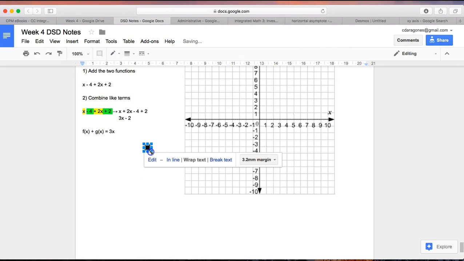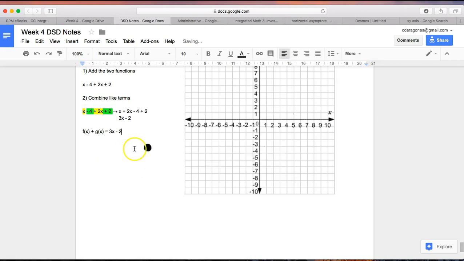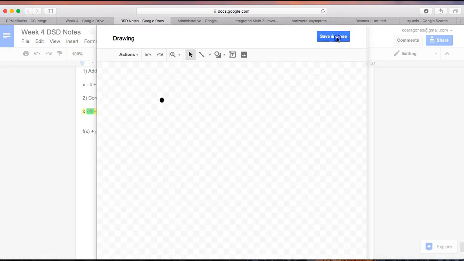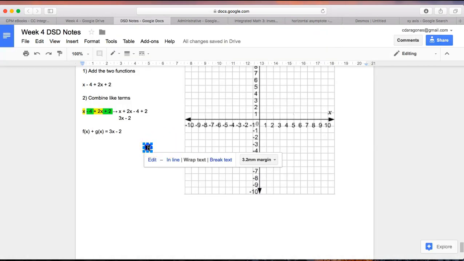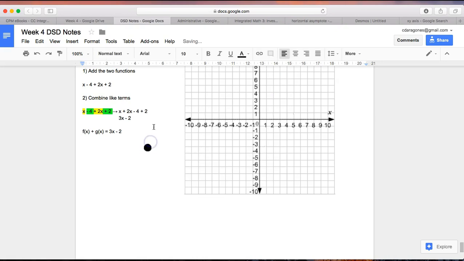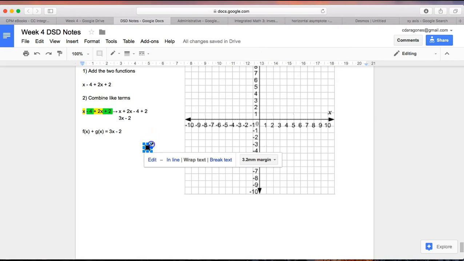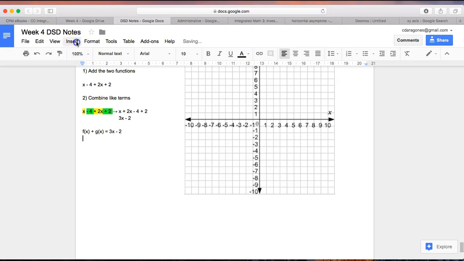Too big, sorry. Let me try to make this smaller. Okay, well, let me fix that.